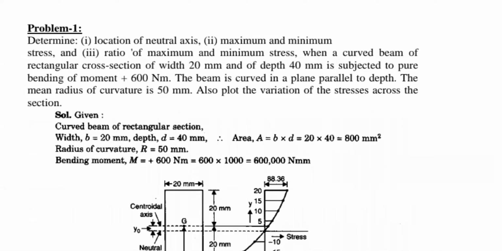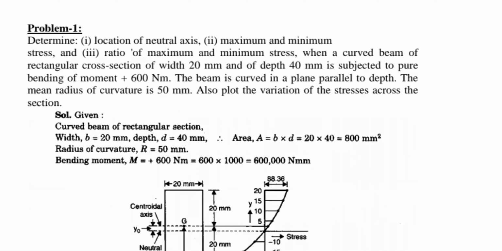Now please observe the problem. I hope all of you can see this problem. This problem has no statement, which means it is a direct problem. You are required to determine, for a rectangle section, first the location of the neutral axis. Second, the maximum stress and minimum stress, and the ratio of maximum and minimum stresses.